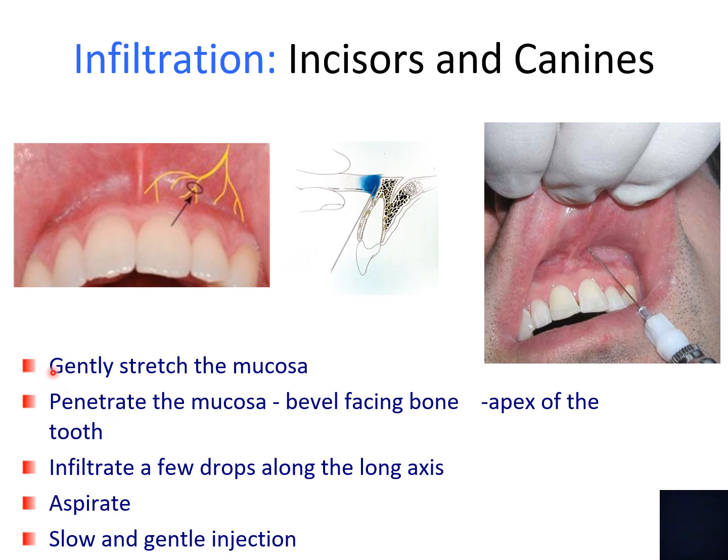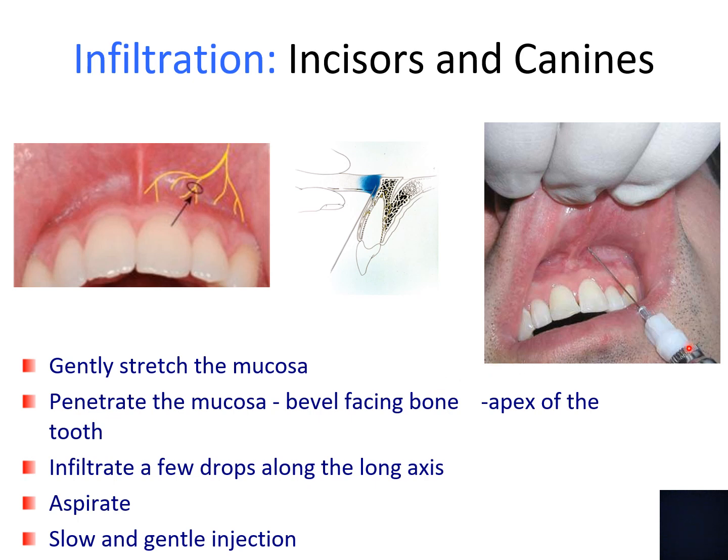You would apply topical anesthesia close to the injection site, then gently stretch the mucosa by pulling the lip and the labial soft tissues, and you're aiming to inject close to the root apex of the tooth, just shy of the mucobuccal fold. So penetrate the mucosa with your local anesthetic syringe with the bevel of the needle facing the bone towards the root apex, and then you would infiltrate a few drops.